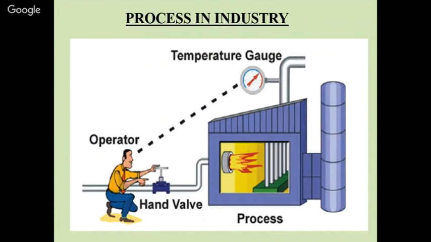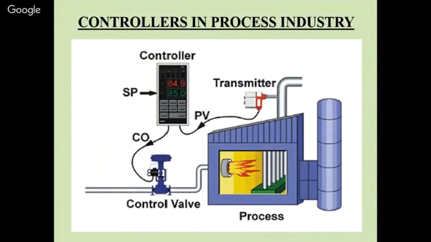So this is the reason controllers exist. Here you can see the process variable and the control output for the control valve. The control valve controls the temperature of the process.